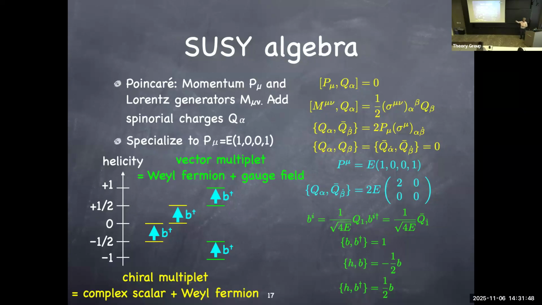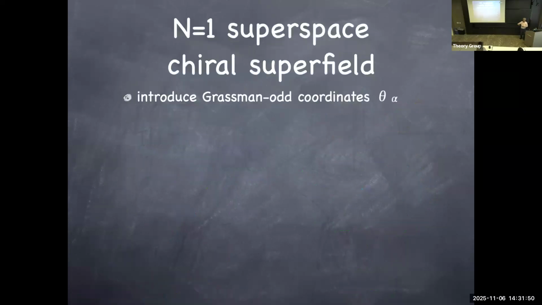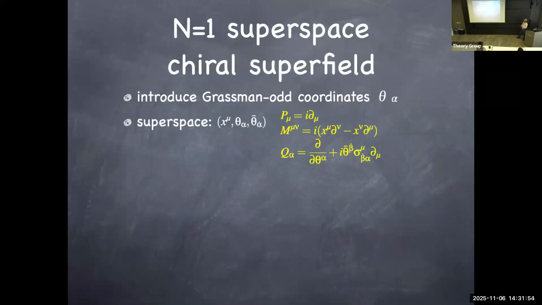And once you know what kind of particles are there, you would like to write down the field theory with them. To write a field theory, you need to use this realization of the Lorentz group, namely that the momentum operator is just a derivative, and so on and so forth. And in order to write the supersymmetry transformation also as a derivative operator, we do need this strange idea of a fermionic spacetime coordinate, the Grassmann odd coordinate theta.